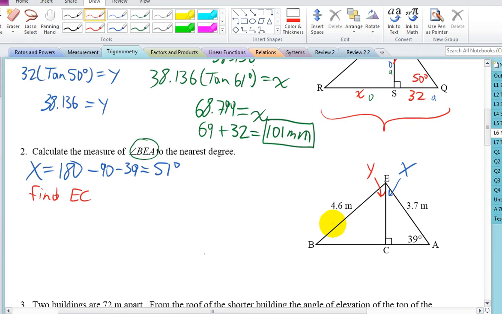Okay, so use the right triangle again. Label your HOA and find EC. O and H, you should be using sine.